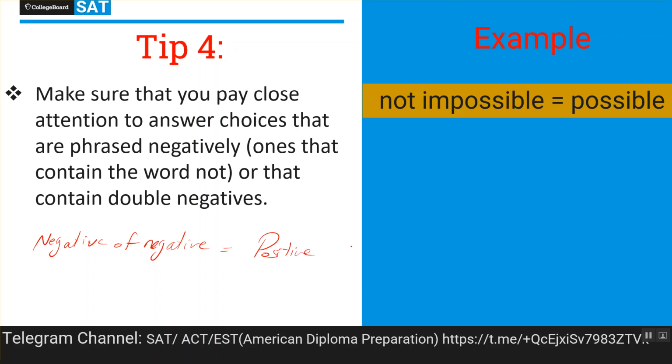So if you choose an answer choice that has a negative, make sure that it doesn't have a double negative that leads you to a positive, unless you're sure that this is the right answer. Like here, not impossible. What we need to do here is cross out not and cross out the prefix im, so it actually means possible.